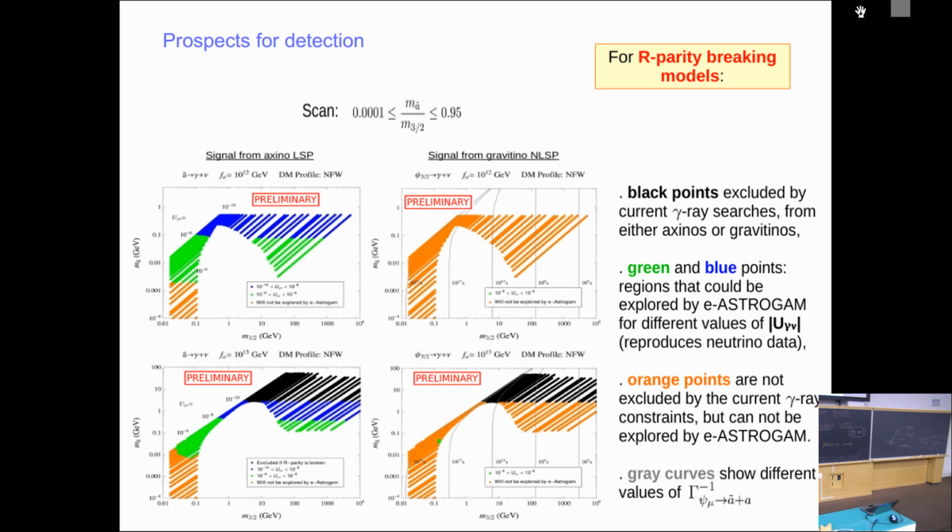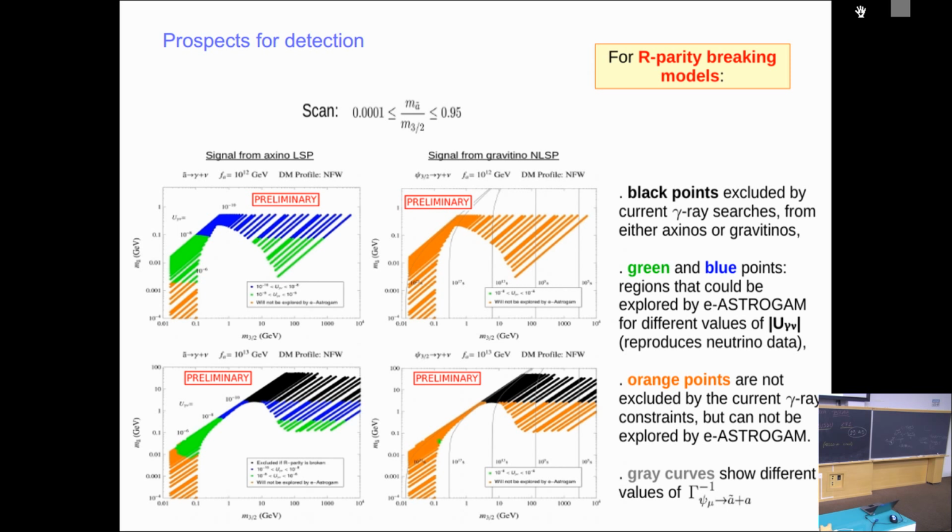Hi, I was wondering how sensitive this is to the assumed profile, the inner slope of the profile. I'm particularly concerned about the fact that in the Milky Way, it's not an NFW; when you put baryons, the dark matter contracts, and the slope is not -1 anymore. Do you have a sense of how sensitive this is? It depends quite a lot.